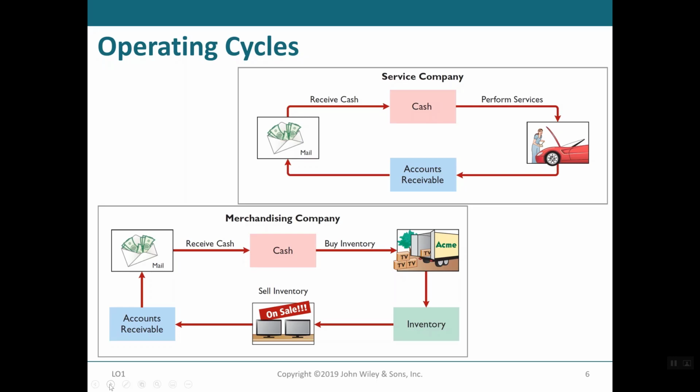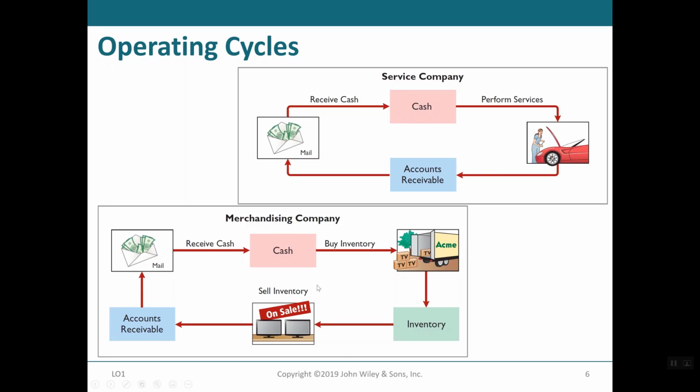Our operating cycle for a service company is usually not too much as compared to that of a merchandising company. For the service company, they perform the services, you send out your invoice, accounts receivable, and then they send you the check or their cash in the mail, or however they choose to send it to you. You receive the cash, you perform service, and so it goes in that cycle.